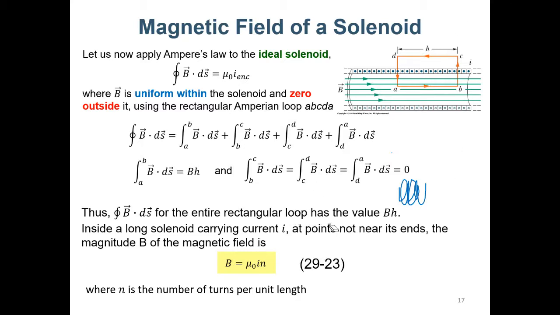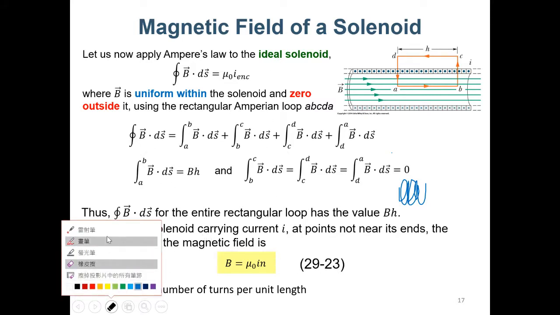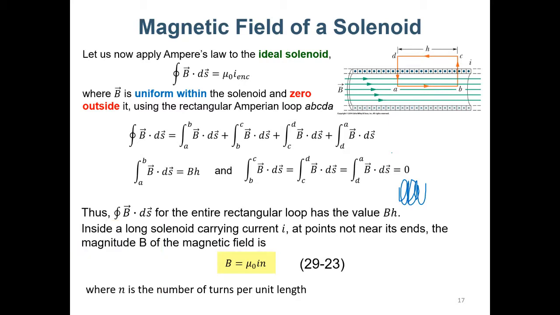So in this case, the total current going through this Amperian loop is something like I times n times h.